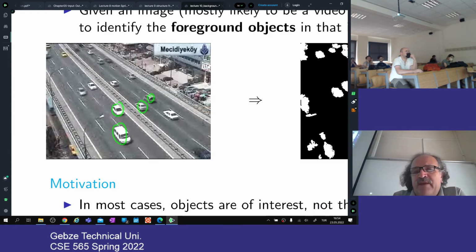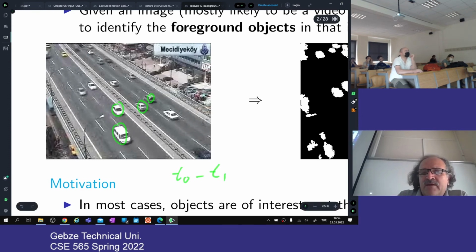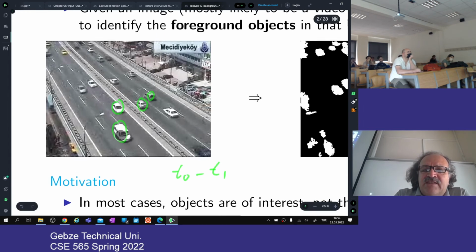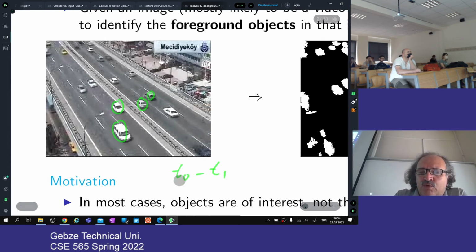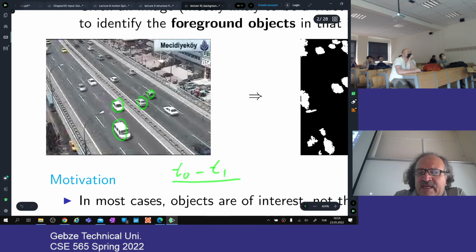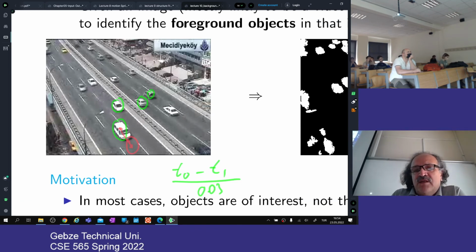In my next frame, if I do this T0, if I do this T1, if I can isolate this van in 2 frames, and I know that the time difference between them is 0.03 seconds, and it was here, now it is here. The difference between these 2 pixels corresponds to 30 meters on that road, and this is the time it takes to travel it. So I can measure their speed, right?